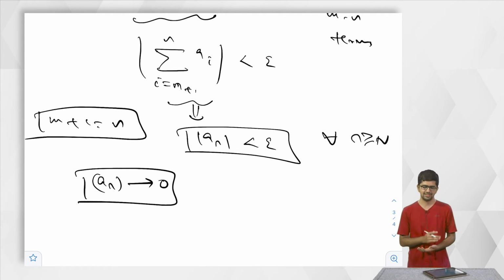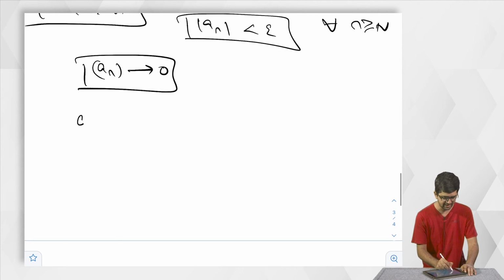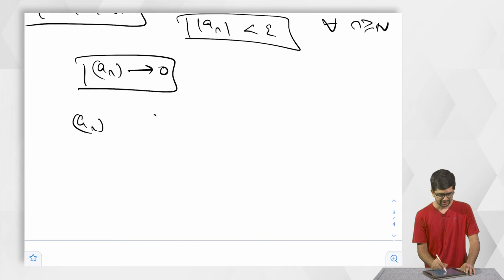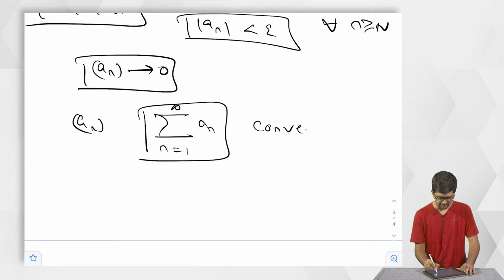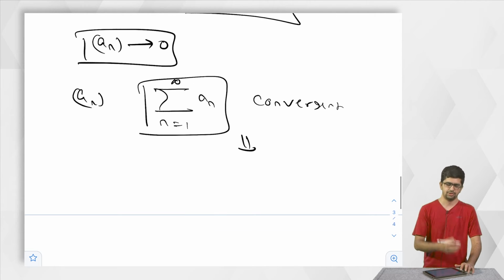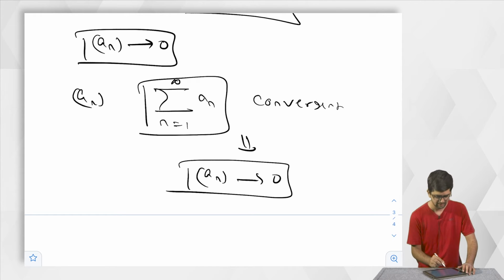So this is the first result that we have seen. Suppose we are given a sequence a_n such that the corresponding series of a_n is convergent, then the sequence that we started with should be convergent and converge to 0. See, there are two things.